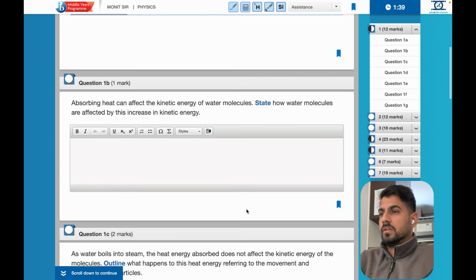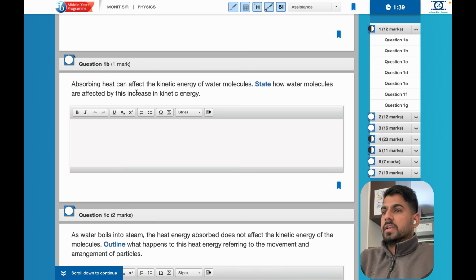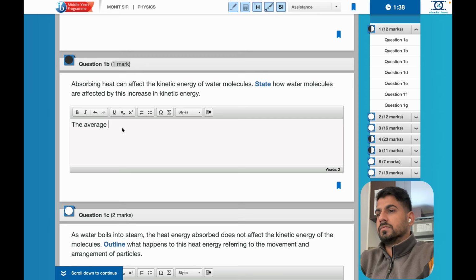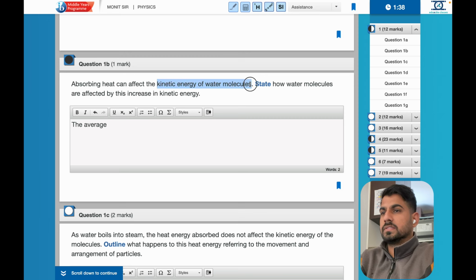Now the next one. Absorbing heat can affect the kinetic energy of the water molecules. State how water molecules are affected by this increase in kinetic energy. Again, it is of one mark. So you can say that as the kinetic energy is increased, the average kinetic energy of water molecules increases.